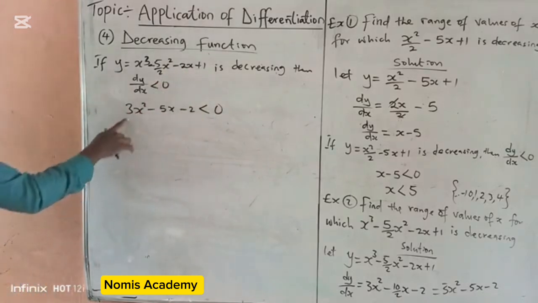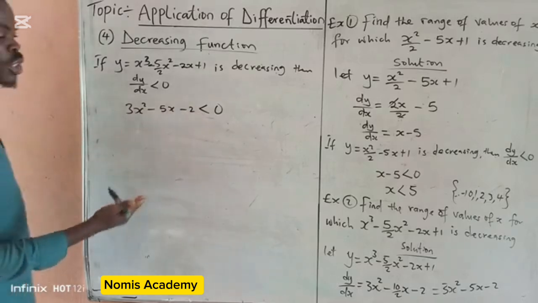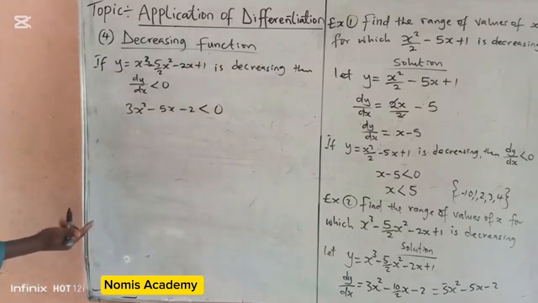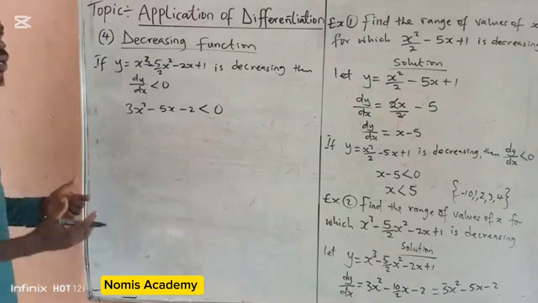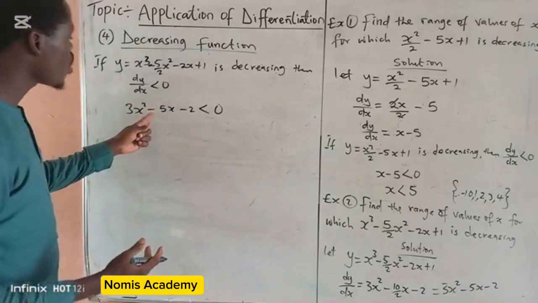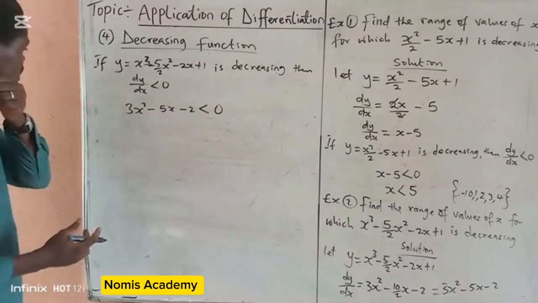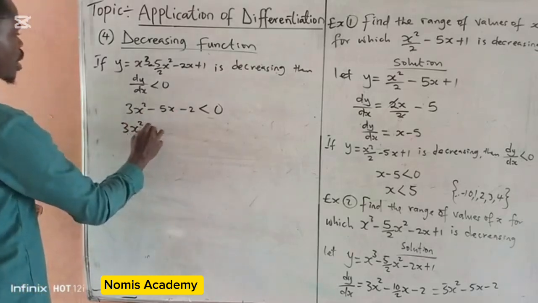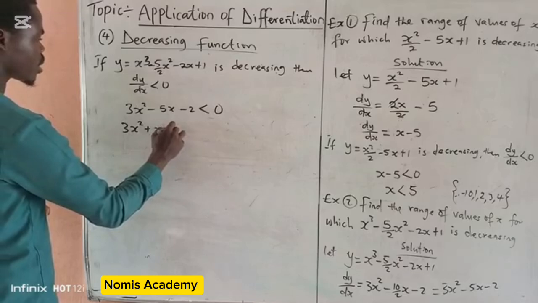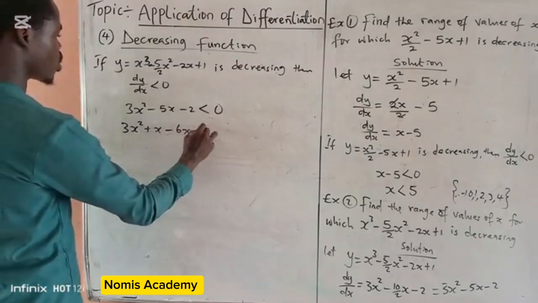To make it easy, the first term multiplied by the last term is minus 6x squared. Then we look for factors of minus 6x squared that will sum up to minus 5x. So that will be 3x squared plus x minus 6x minus 2.